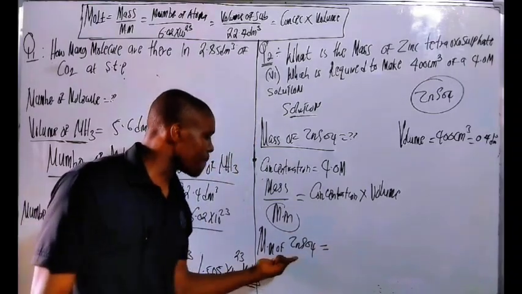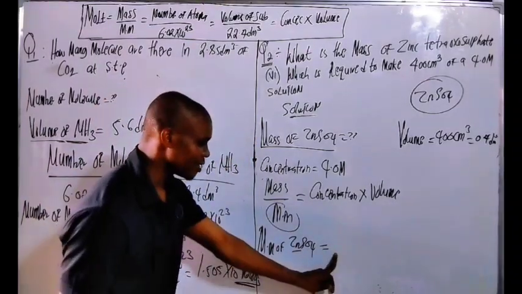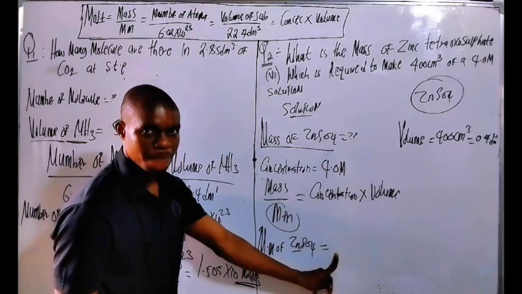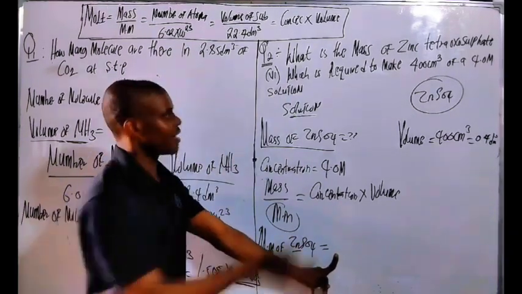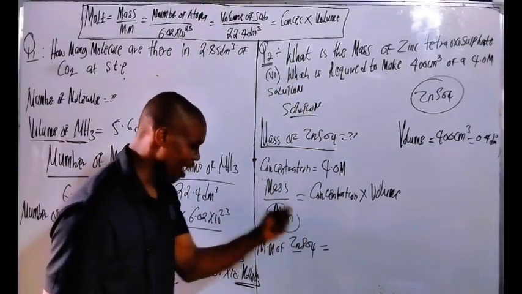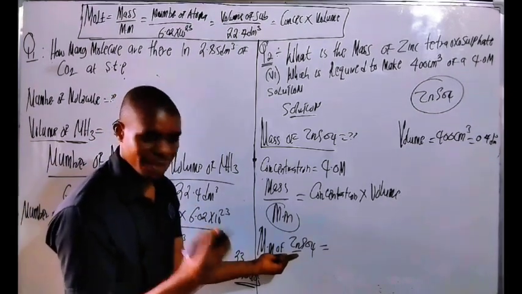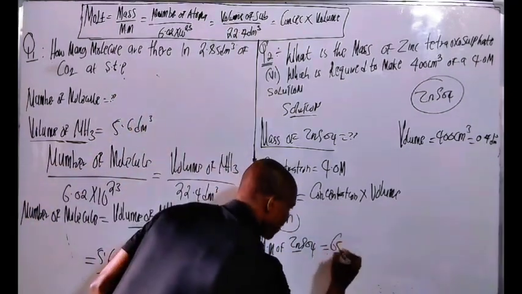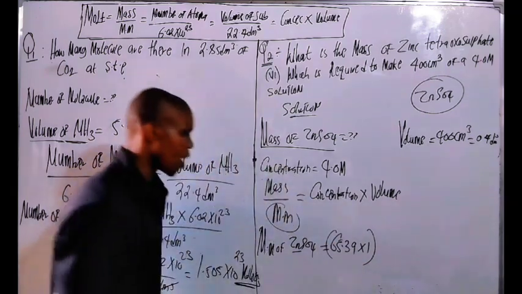Now, what is the atomic mass of zinc? The atomic mass of zinc is 65.39. Now, in some questions it will be given to you, but in some questions it might not be, so that's why you have to know them. So it's going to be 65.39 times 1. Why do I multiply by 1?